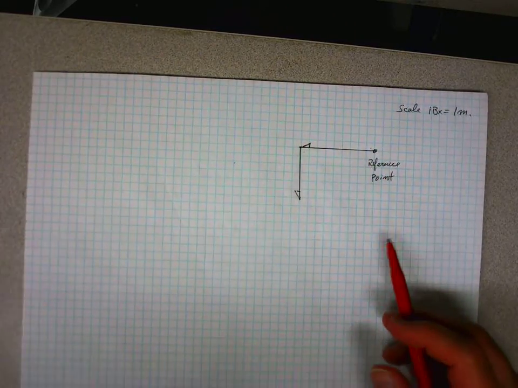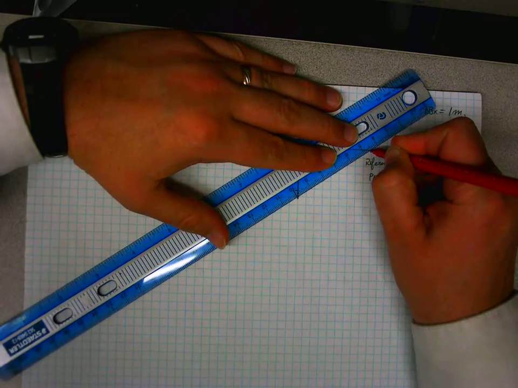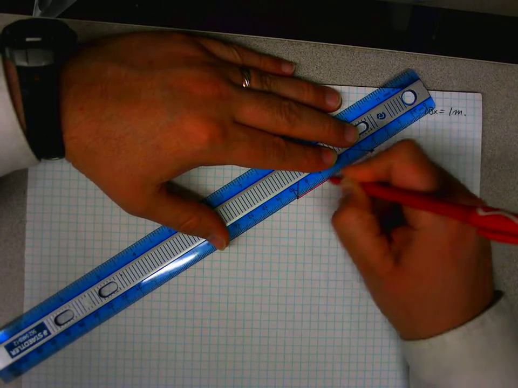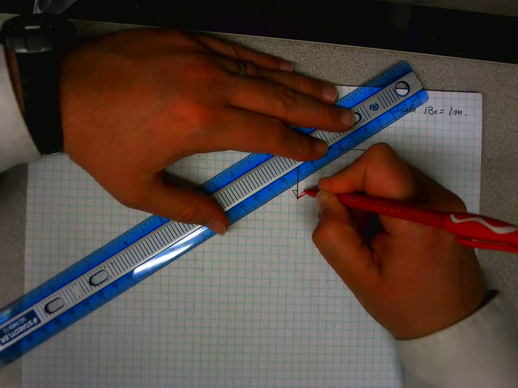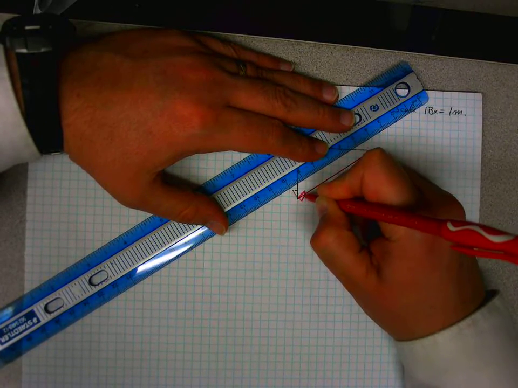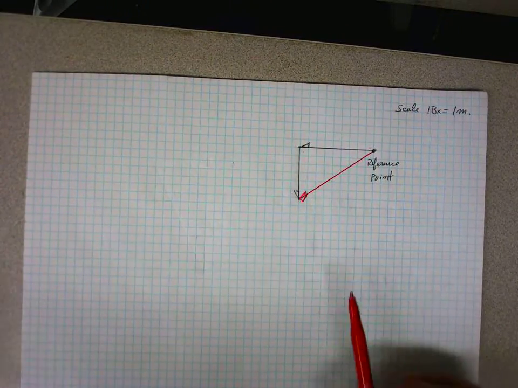Now, without further ado, we know that the line from the reference point to the tip is going to give us the displacement of the person. I'm just going to draw that line in case we're going to need it later. So we have that as the resulting vector.